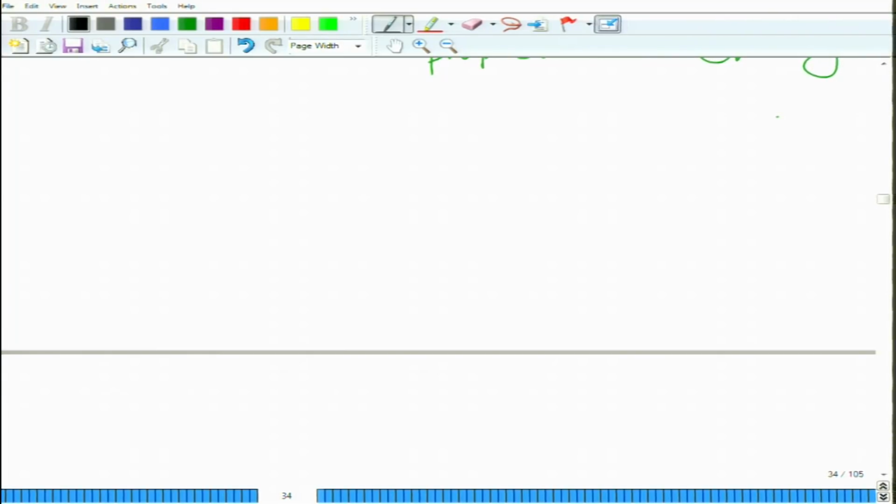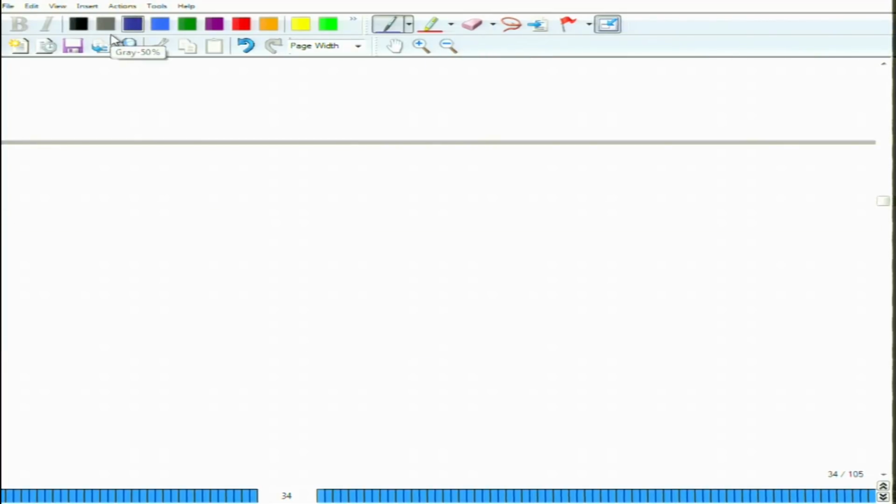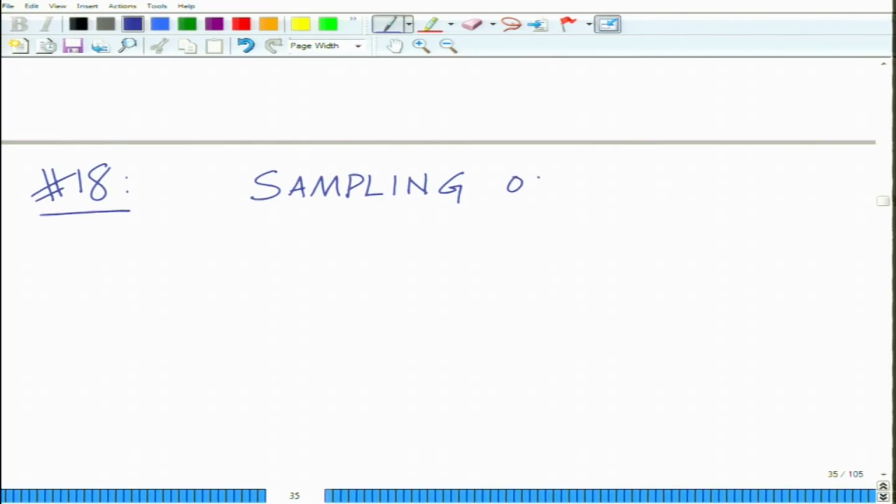Let us treat this as problem number 18, and although it is an example problem, this is a very important concept by itself. This is sampling of a continuous signal.